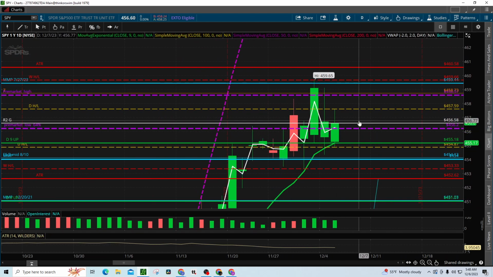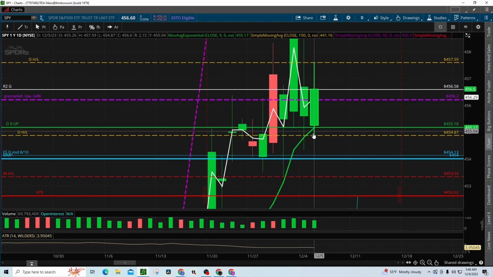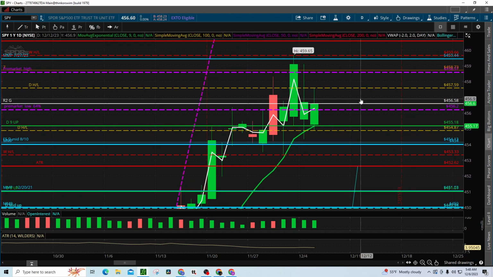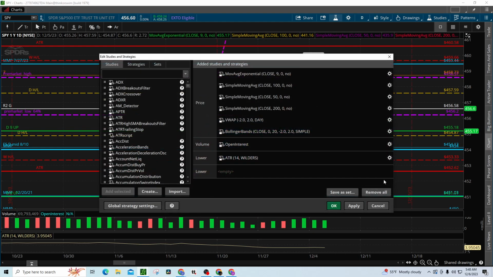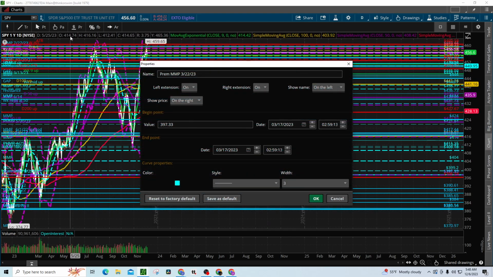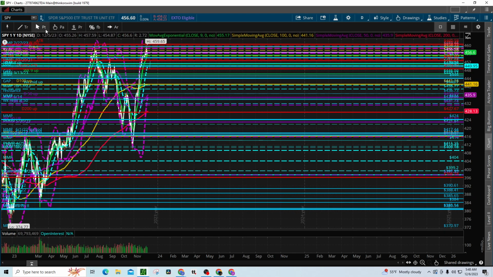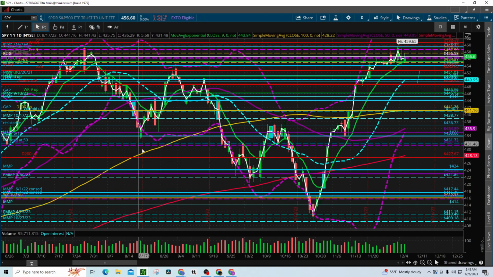We're consolidating here, so it could be sort of choppy. This is definitely offering support on the daily level, but we've moved up so high. Let me get rid of this ATR here. If you look at this move up, so you had this move down, retracement, consolidated.